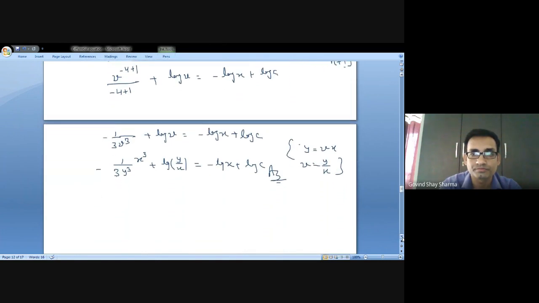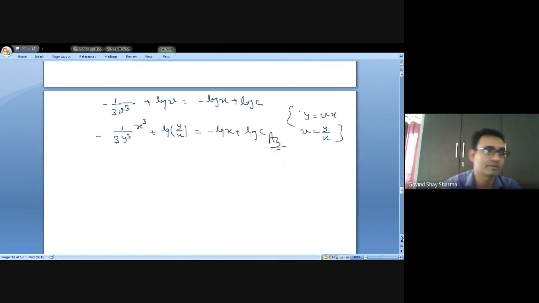Now see another wonderful example of a homogeneous differential equation of first order. This is a differential equation of first order, first degree.